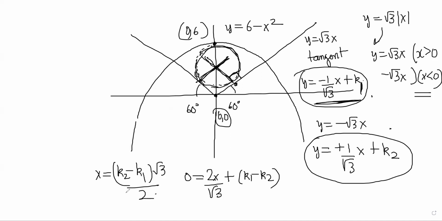And at that moment, the y, okay, so we are getting this. This is the x coordinate of the center. I want to show that k1 and k2 are equal. Also, I can make a tangent at this point.